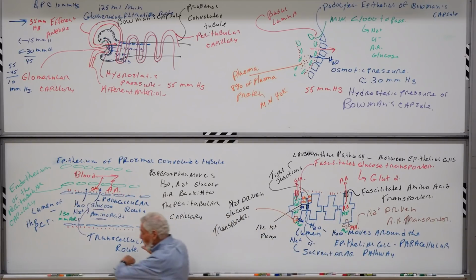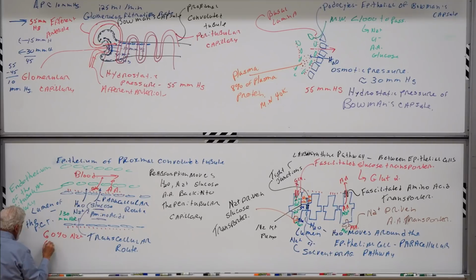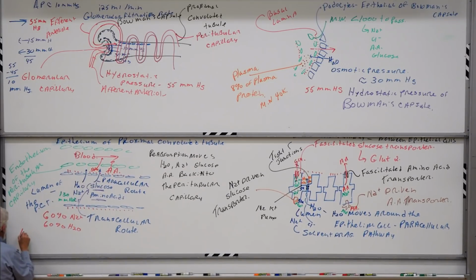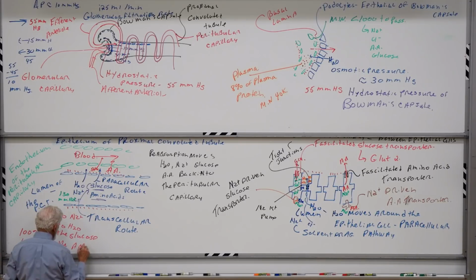And in this region of the proximal convoluted tubule, we are reclaiming something like 60% of the sodium and 60% of the water and 100% of the glucose and 100% of the amino acids.